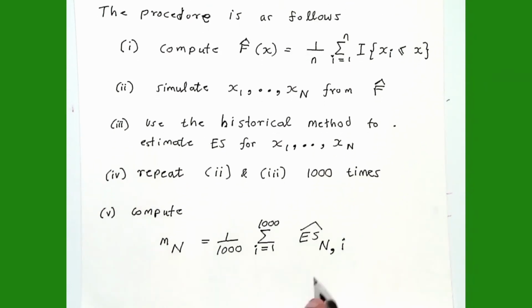Right here, this thing denotes the historical estimator for the ith iteration, because you are repeating these 2 steps 1,000 times.